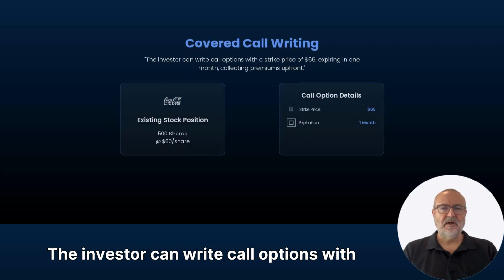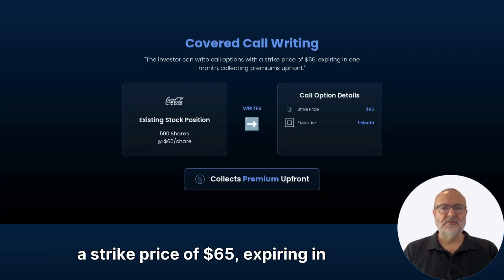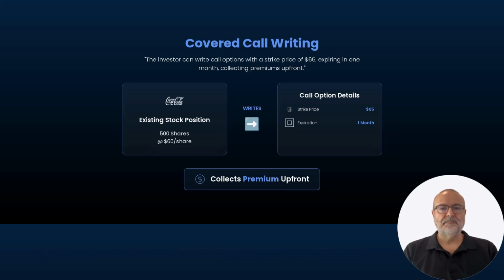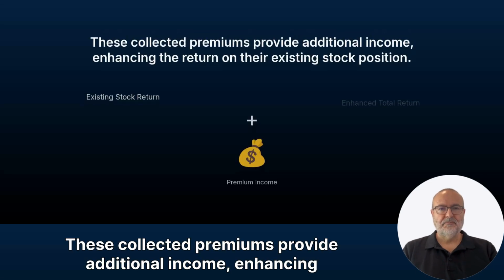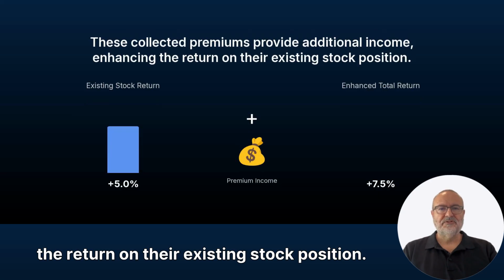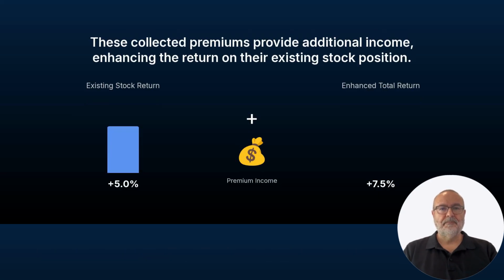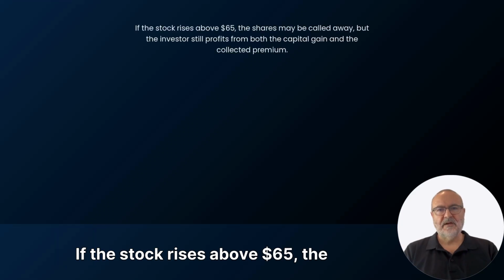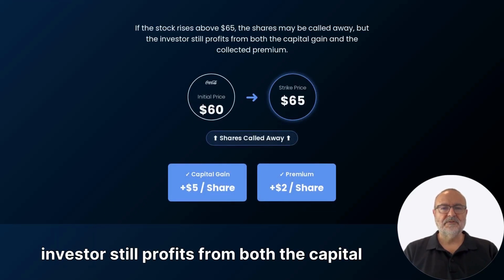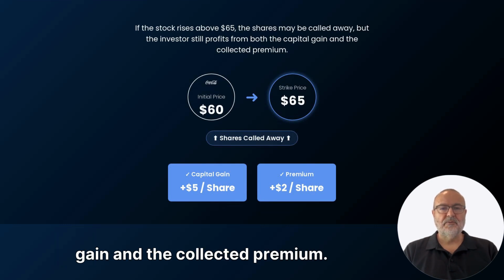The investor can write call options with a strike price of $65, expiring in 1 month, collecting premiums up front. These collected premiums provide additional income, enhancing the return on their existing stock position. If the stock rises above $65, the shares may be called away, but the investor still profits from both the capital gain and the collected premium.